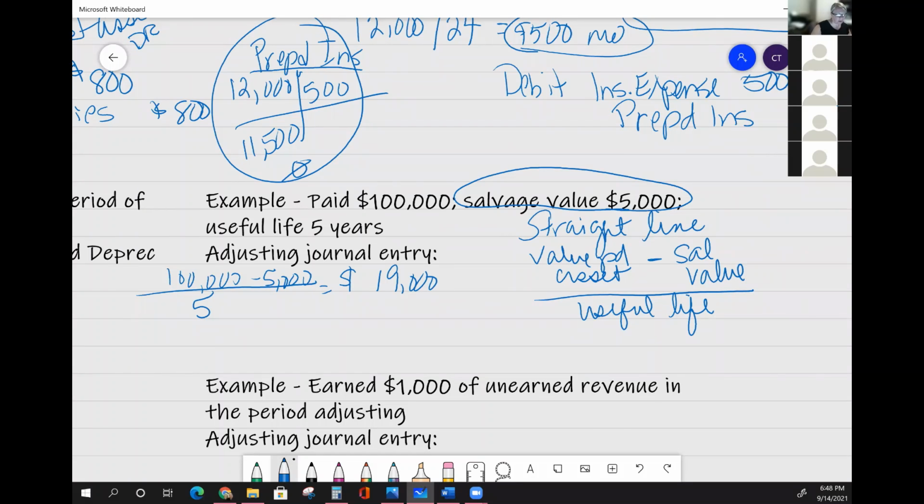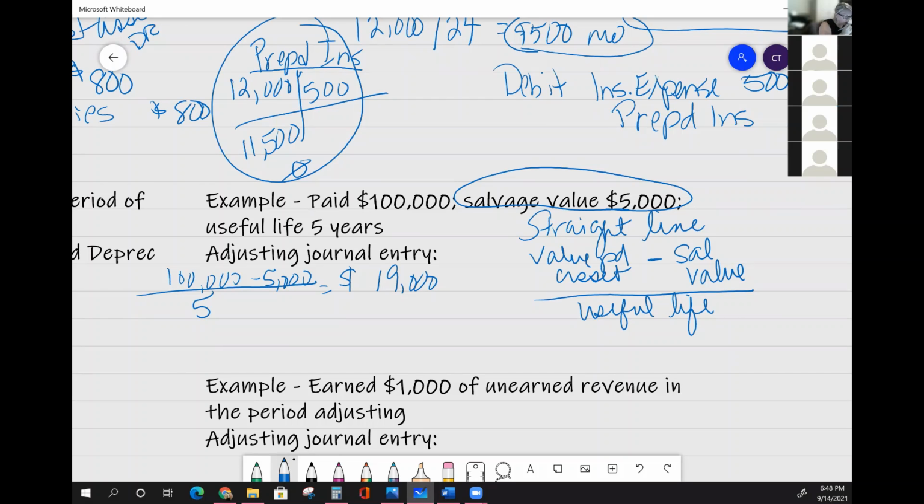Okay, so let's say we only do an entry to adjust for depreciation once a year, and it's at the year end. I've worked for companies that have done depreciation where they recognize the expense every month. And I've also worked where we've done it quarterly. And where I'm at now, we just record depreciation at the year end. So we don't do it throughout the year.